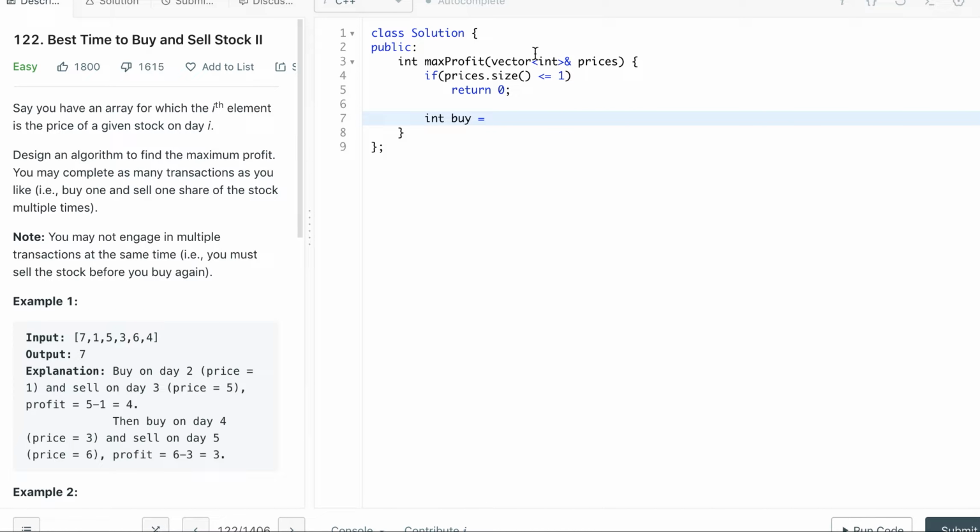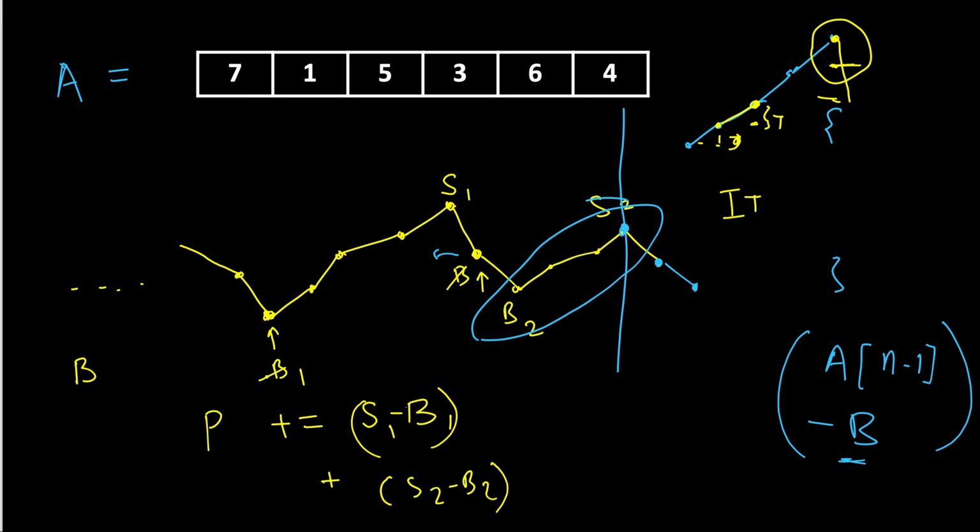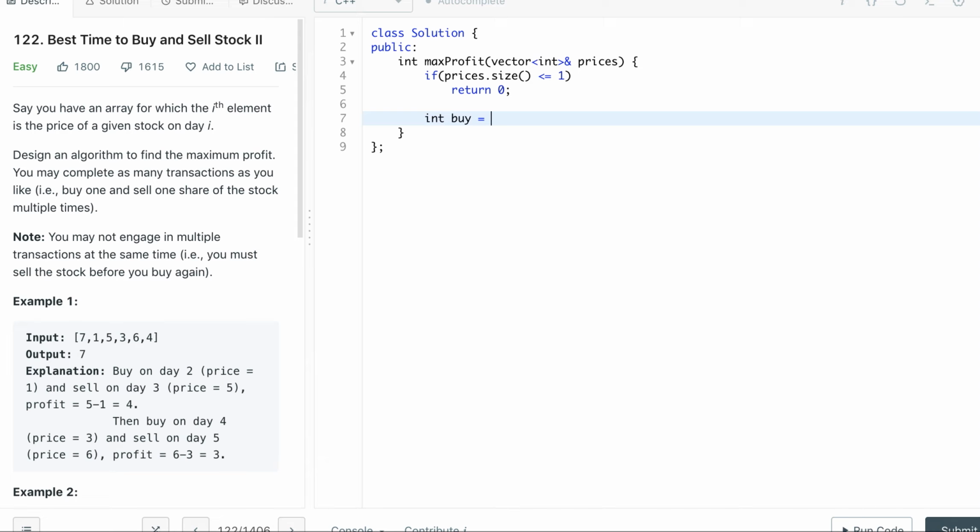Then this is the buy I was telling about here, that we initialize this buy whenever there is a dip, and we keep updating it till there is a dip. So initially it will be prices 0, and profit of course is 0 in the beginning.